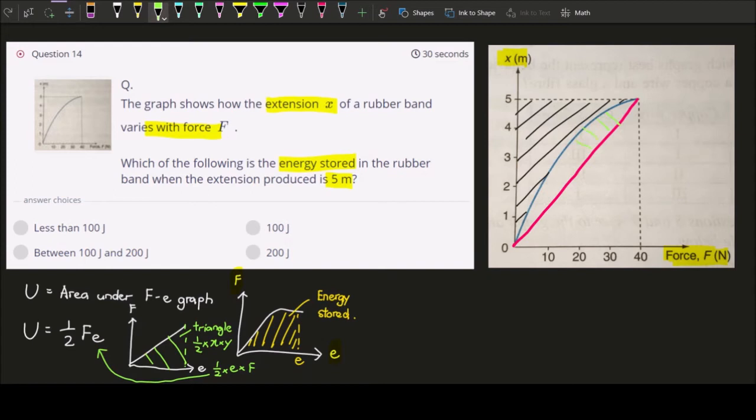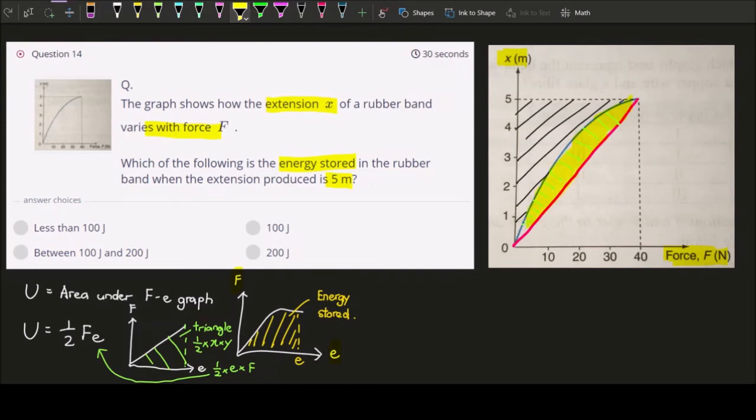You have an extra area over here. So if you calculate the area under the graph when the line is like this, you know that it must be less than this area because you have this region here. You need to remove this region, only then will you find the correct work done.